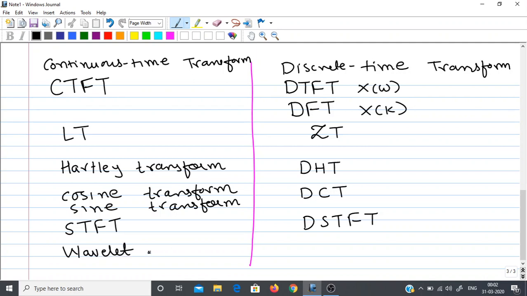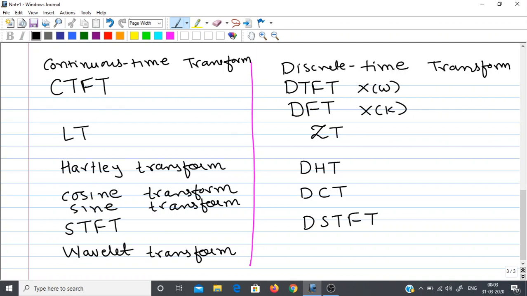These are very popular transforms, and they are used in almost every domain, not only in electrical engineering, mechanical engineering, automobile engineering. They are used in various applications, and now they are used in biosciences as well. As I said, there are different variants of the wavelet transform. You can have an infinite number of wavelet transforms.